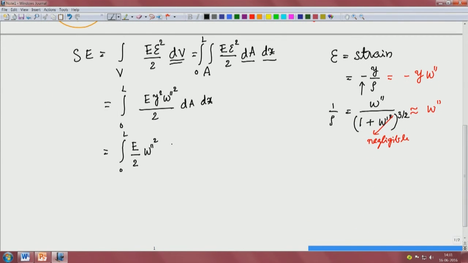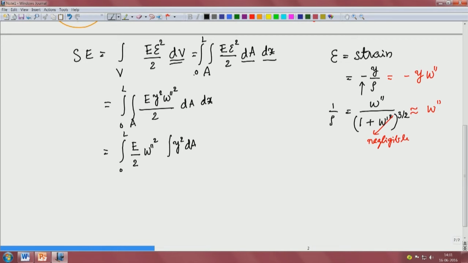What is left here, we will have y square dA, and here also dA is there, so I should put over the area of cross section, and then we have dx. Now, this quantity that we have is what we denote as I, the second moment of area of the cross section.